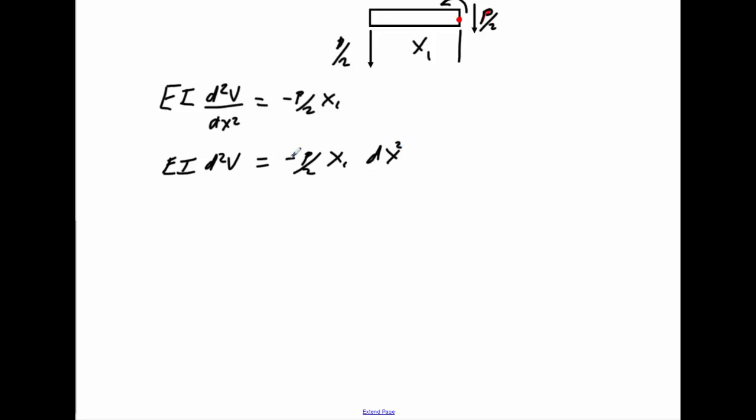At this point we're going to integrate. We integrate this side and this side, and that gives us EI dv over dx is equal to minus P x1 squared, divided by the 2, and that gives me the 4 down here, plus C1.